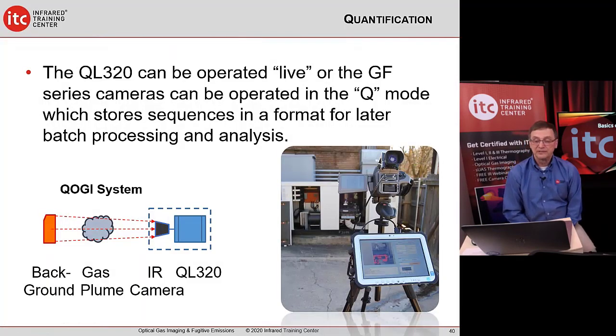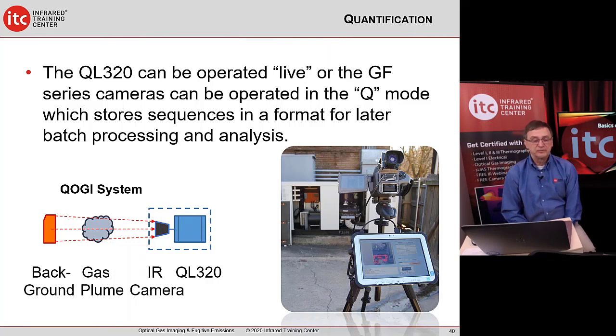Or we have this Q mode that has been added to our latest batch of cameras, the GF620 camera and the GFX cameras, and then I think the Q mode can even be added to some of the older GF320 cameras.